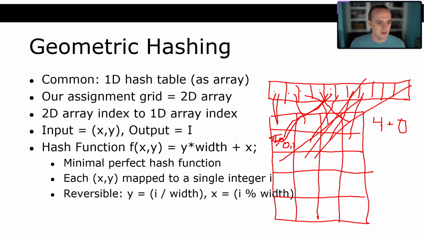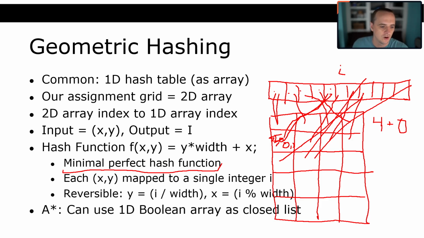So it is a minimal perfect hash function. And it's also reversible. If we take the index I, we can convert I back to the index in the 2D array. If we divide I by the width, we get the row, which is Y. And if we mod I by the width, we get the column, which is X.